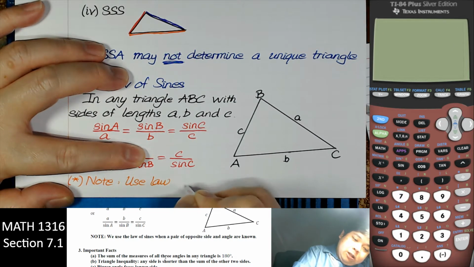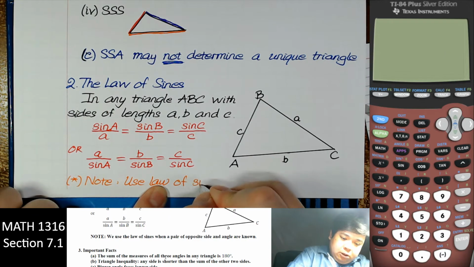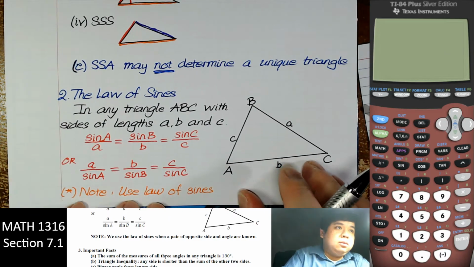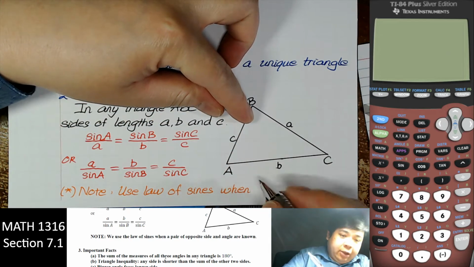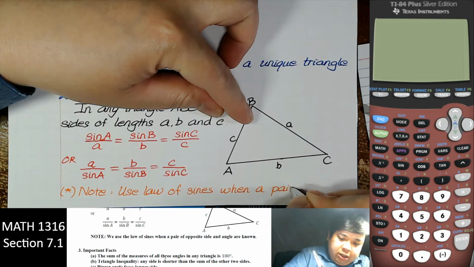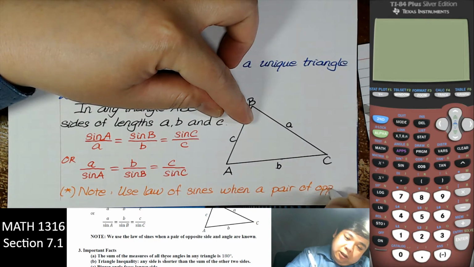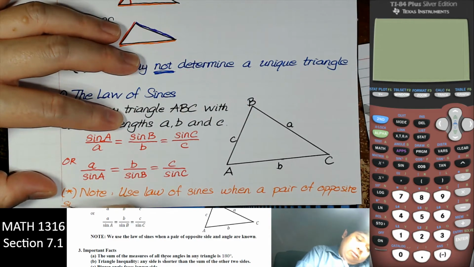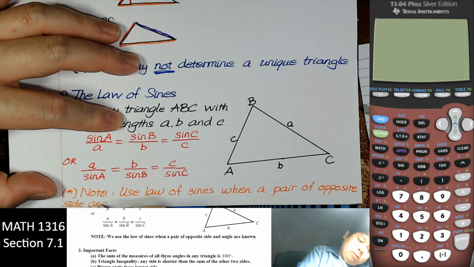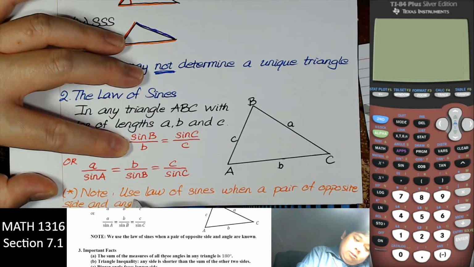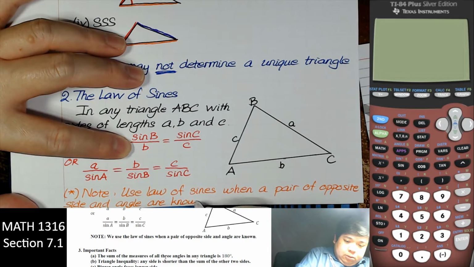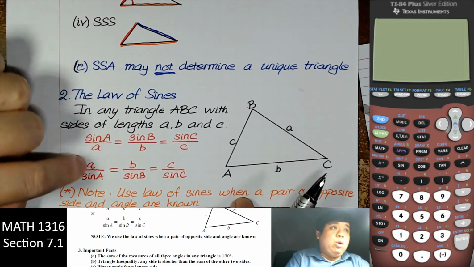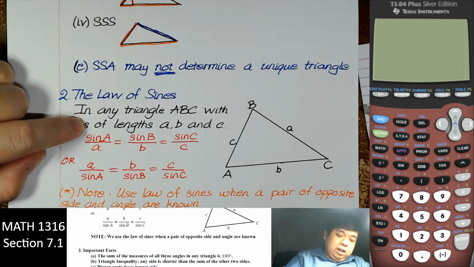Use the law of sines when a pair of opposite side and angle are known, meaning that we have to know one of the ratios.